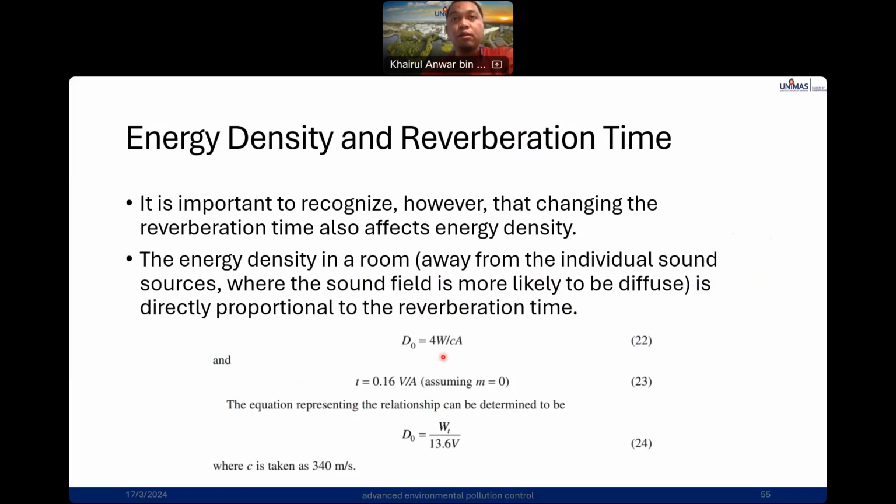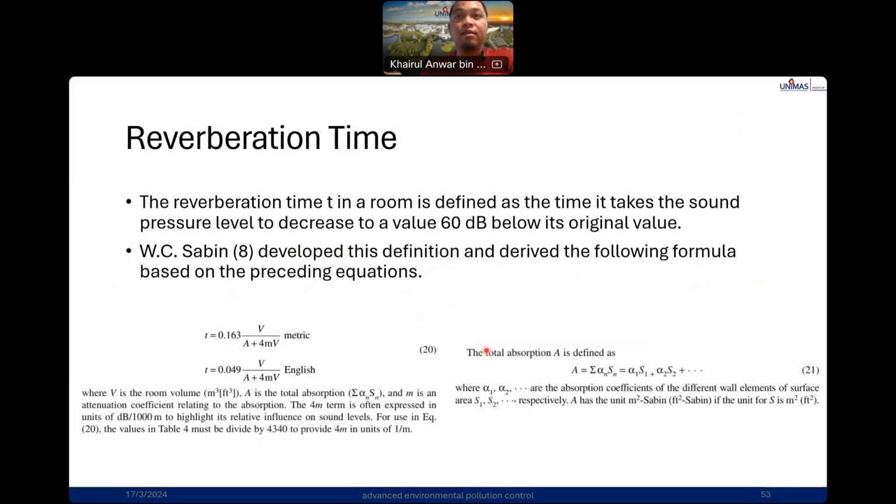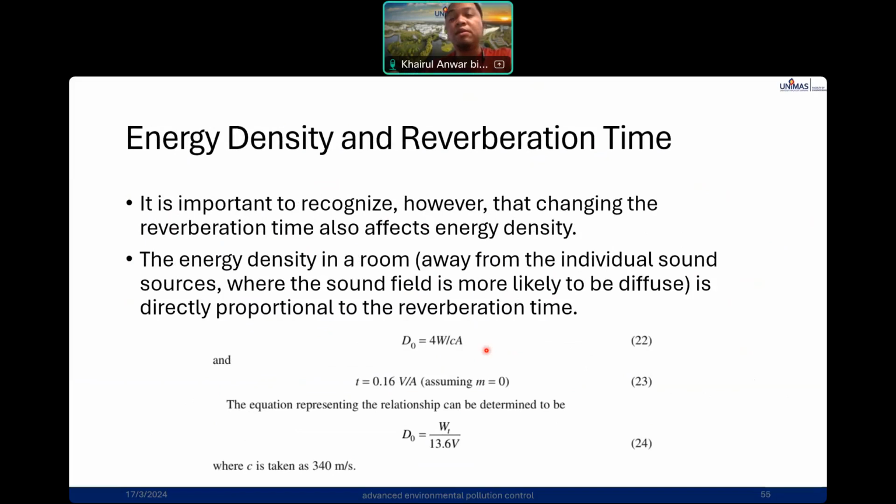D naught equals 4W over cA, so W is the sound power, c is the speed of sound, and A is the total absorption, so A equals the sum of alpha n S n.